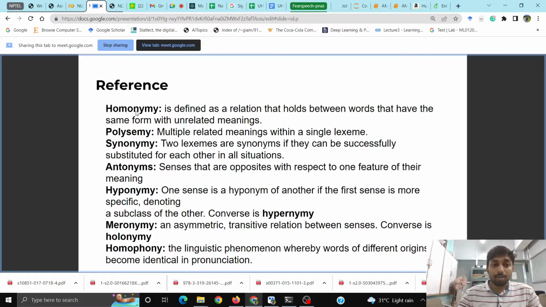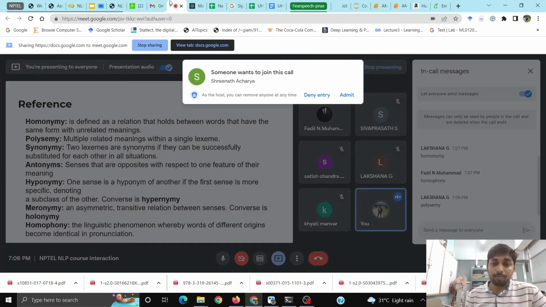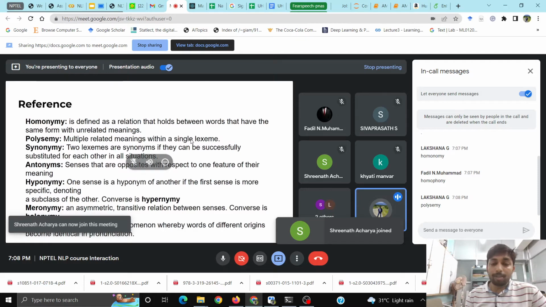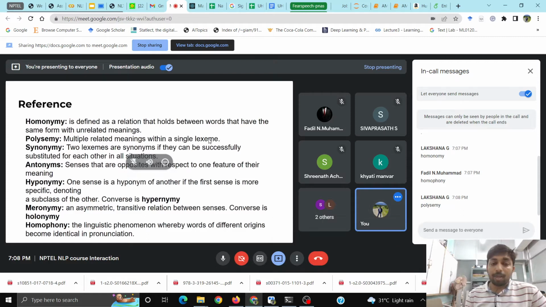Which one of these qualifies as a lexical relation between bark and bark? Anyone? Polysemy? No, polysemy is multiple related meanings within a single lexeme. That is a single word carrying multiple related meanings. These are two different words.